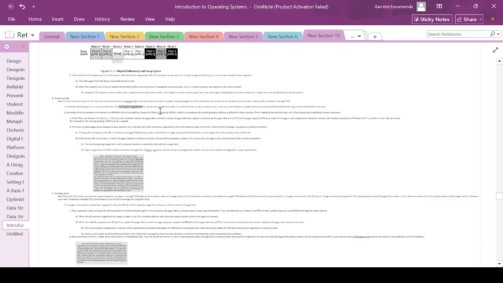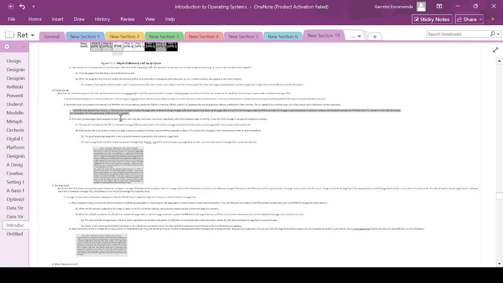Whether it's loading the instruction then executing it, or a data access, the hardware translates these virtual references into physical addresses before fetching the desired data from memory.